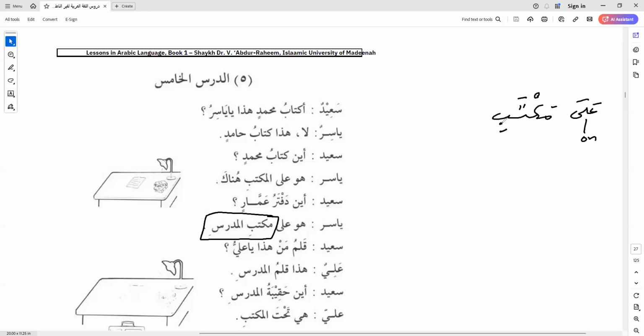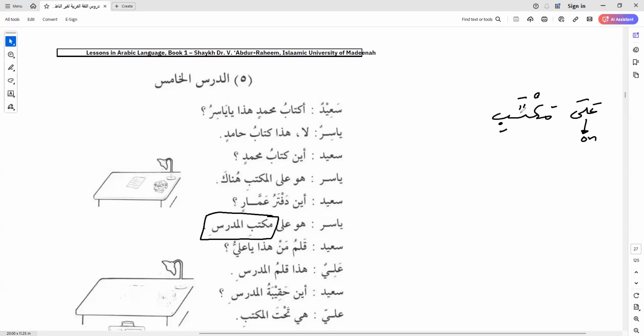And in our previous dars, we understood that ala is a preposition, and all prepositions in Arabic have power or authority to flip, to change the final consonants of the noun that comes after it into kasra. So ala al-maktabi, on a desk.